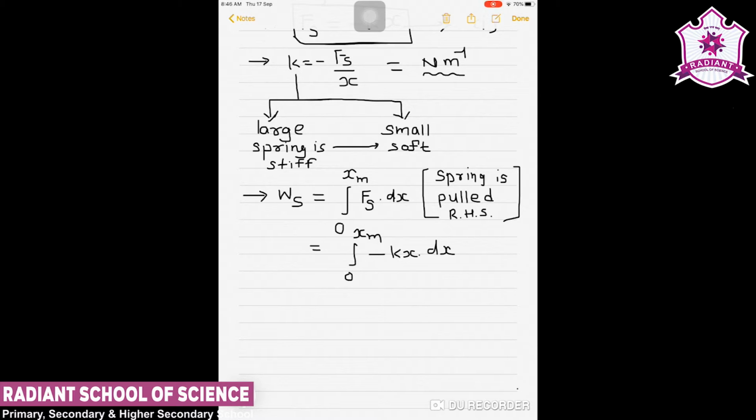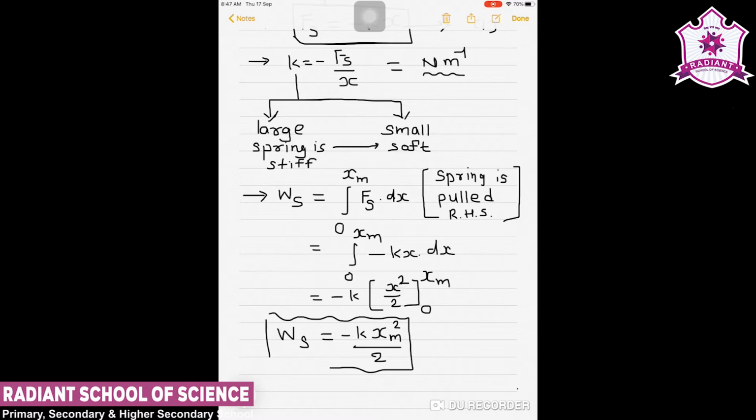Taking k as a constant, we have the integration of x, that is x square by 2. Applying the limit from 0 to xm, we have the resultant value, that is minus k xm square over 2 minus 0. So ultimately the work done by the spring is calculated as Ws, that is equation number 3.